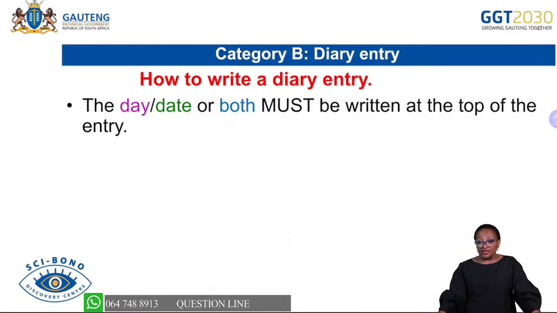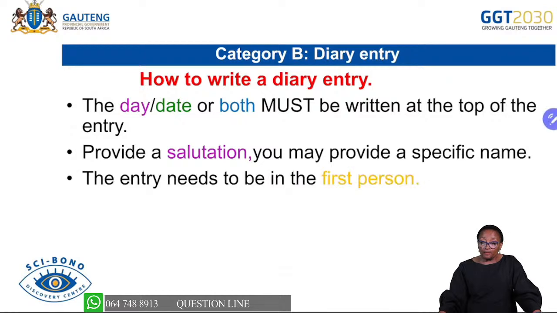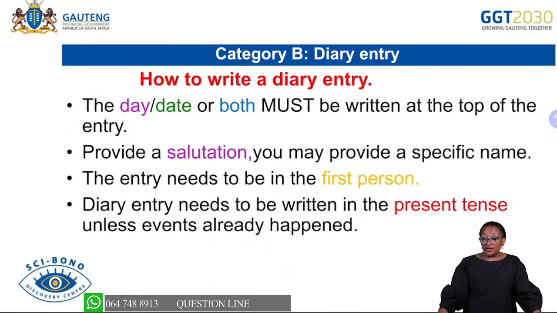So, how to write a diary entry? There must be a date or a day or both. They've got to be written at the top of the entry. You've got to provide a salutation. You may provide a specific name, Dear Kitty, Dear Jane. The entry needs to be in the first person. A diary entry needs to be written in the present tense, unless events already happened.